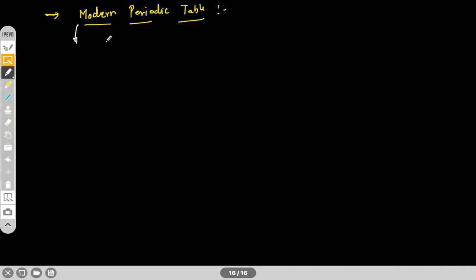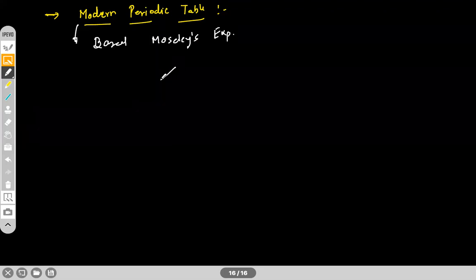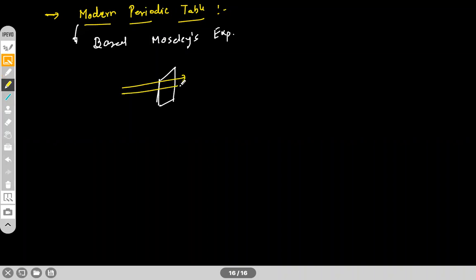This is based on Moseley's experiment. What he did was take a metal surface and bombard electrons onto it. From this, X-rays are emitted.